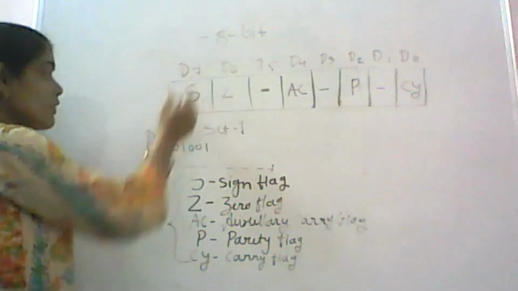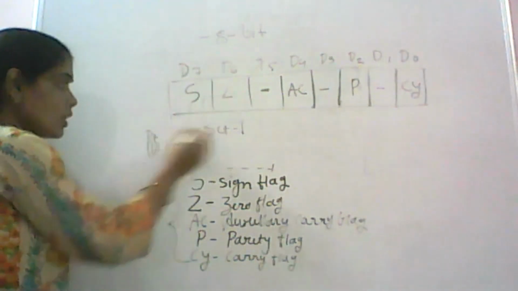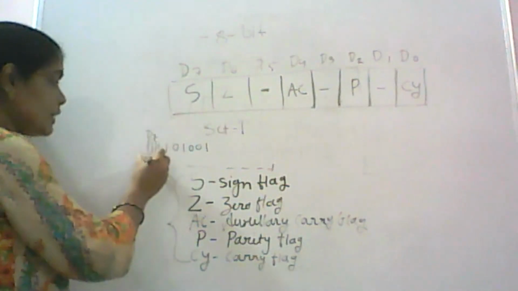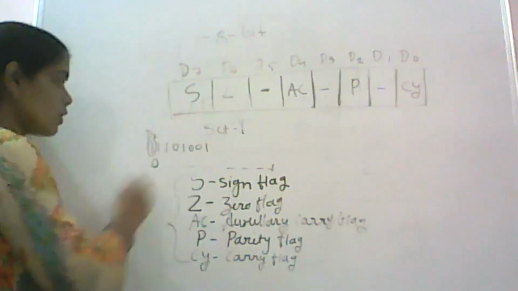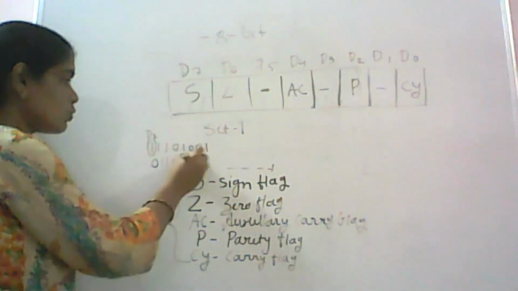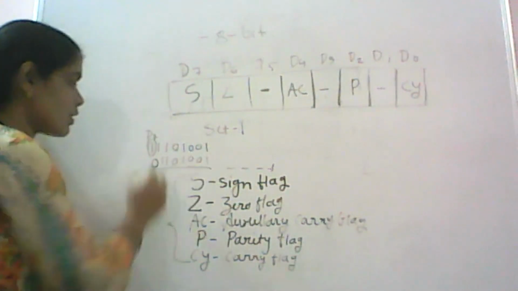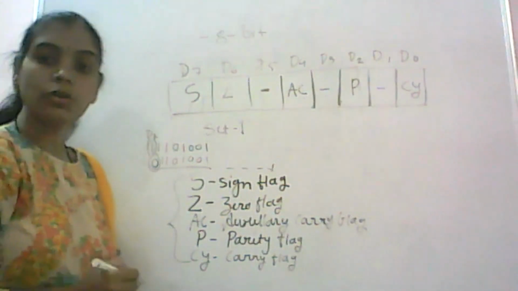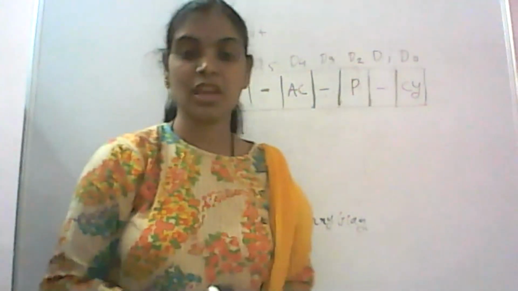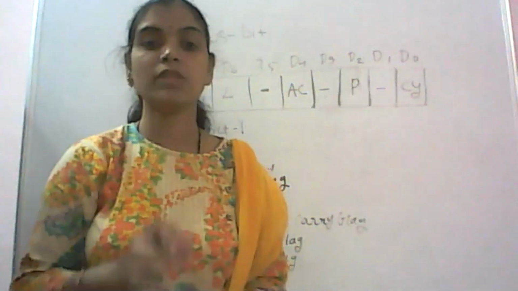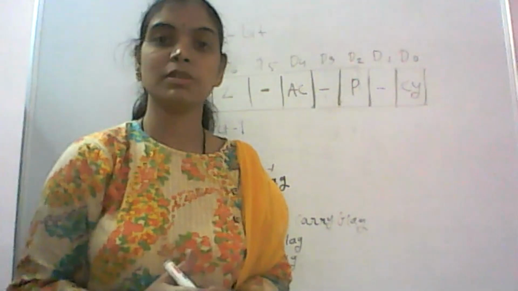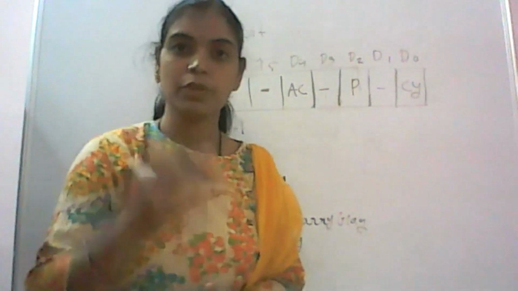अगर यहाँ पे D7 बिट 1 है तो ये क्या होगा, साइन फ्लैग सेट टू 1. अगर यहाँ पे D7 बिट 0 है, for example 0 0 1 1 0 1 0 0 1, this is your result, D7 bit is 0. That time sign flag is set to 0. This flag is set when the result is negative. कब सेट होगा ये साइन फ्लैग, जब रिजल्ट नेगेटिव होगा.